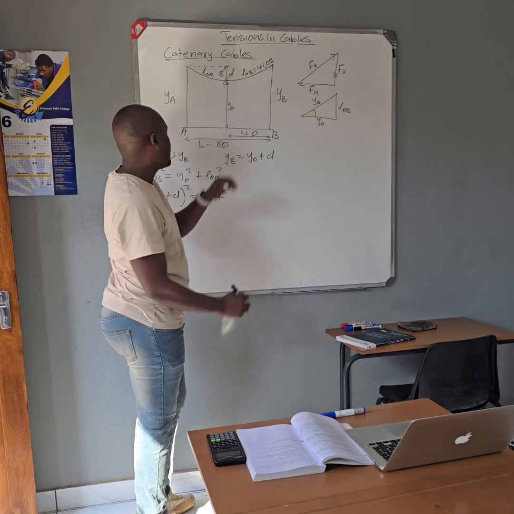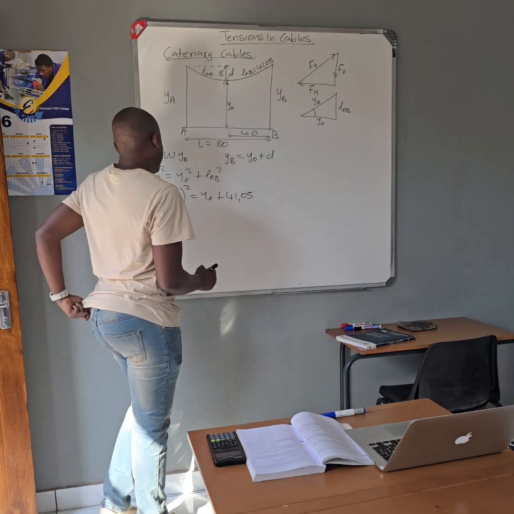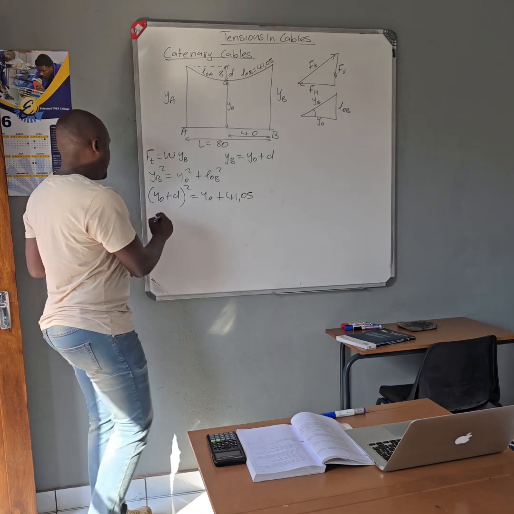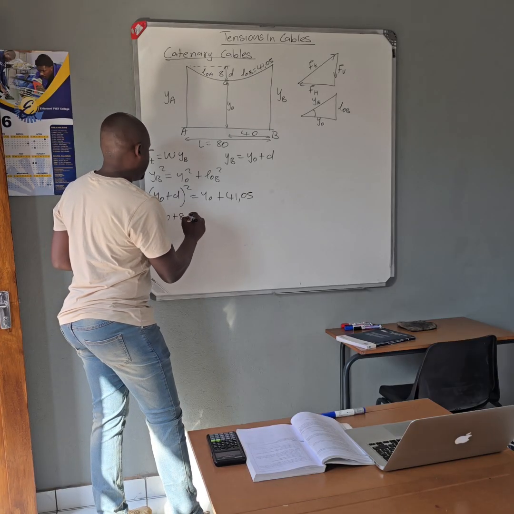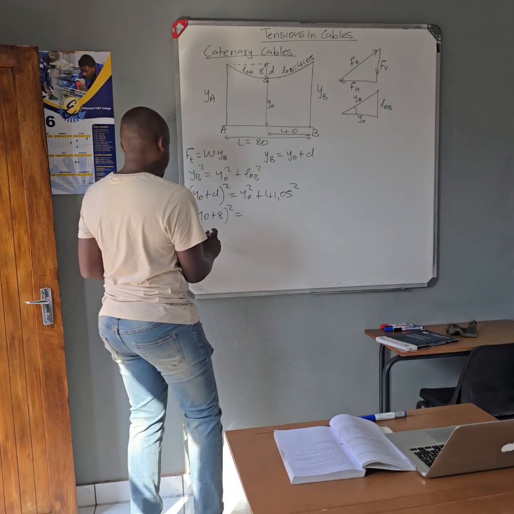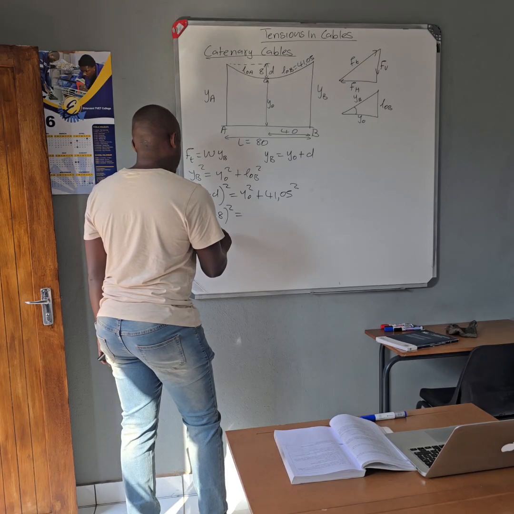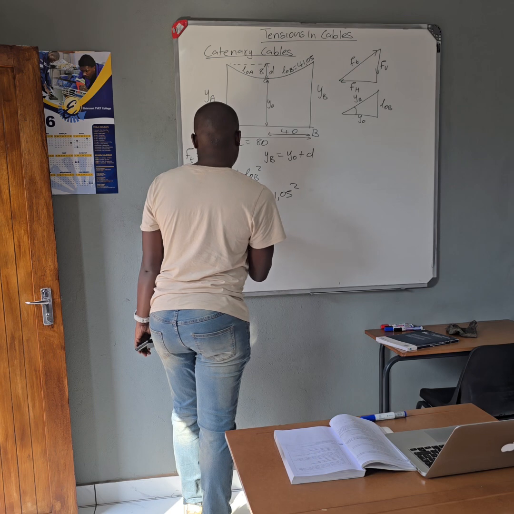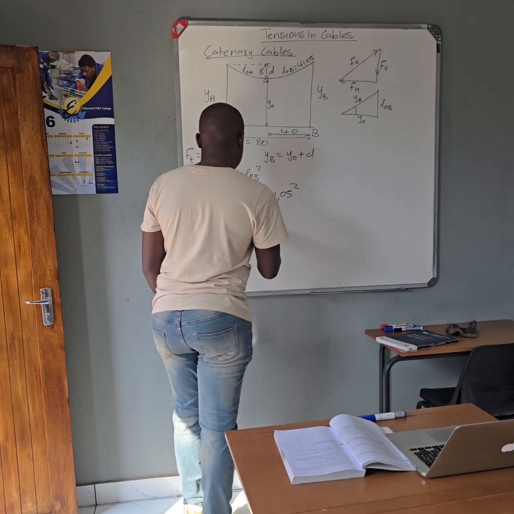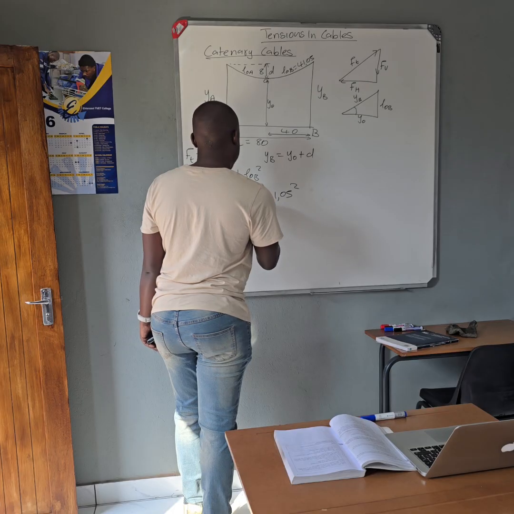LOB is equal to 41.05. Then (yO plus 8) squared, so it's a square of a sum, so it has to be yO squared plus 16 yO plus 8 squared, which is 64.